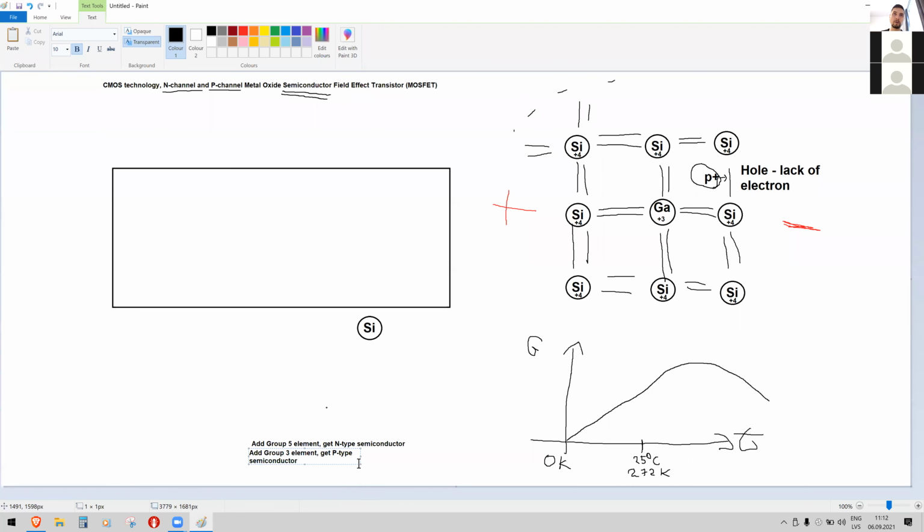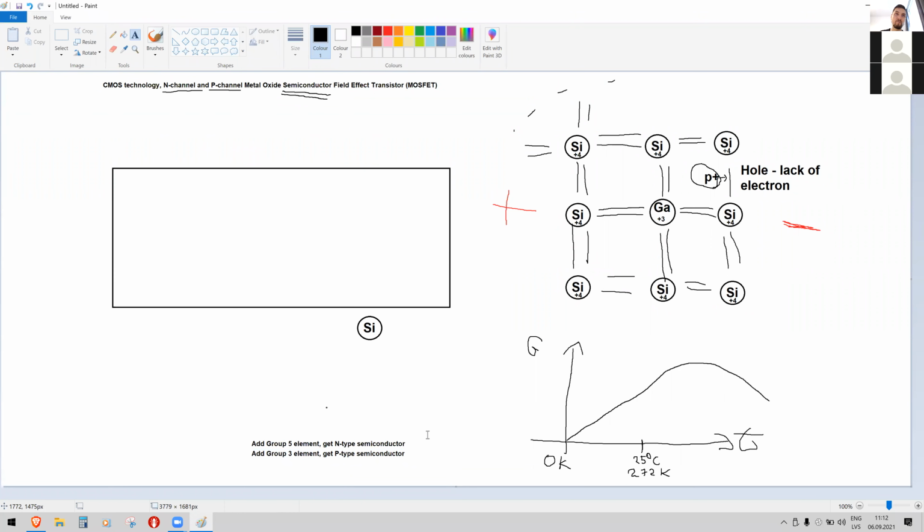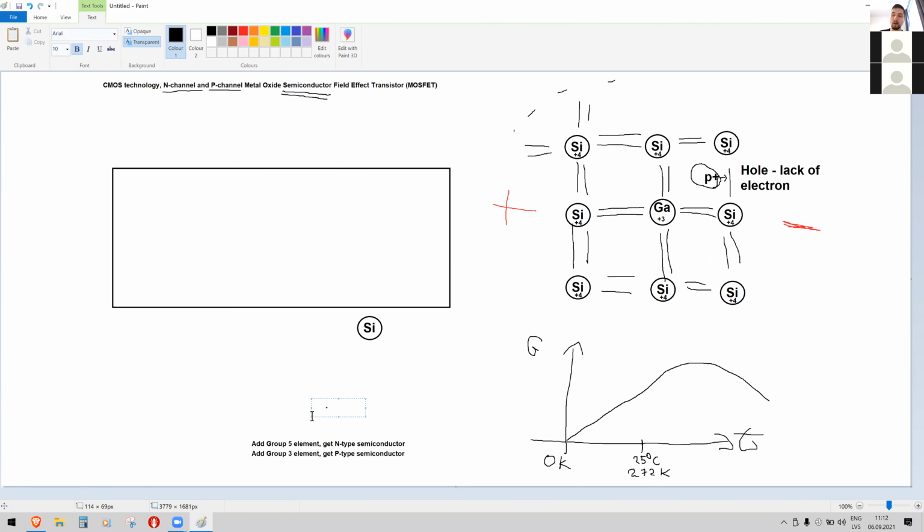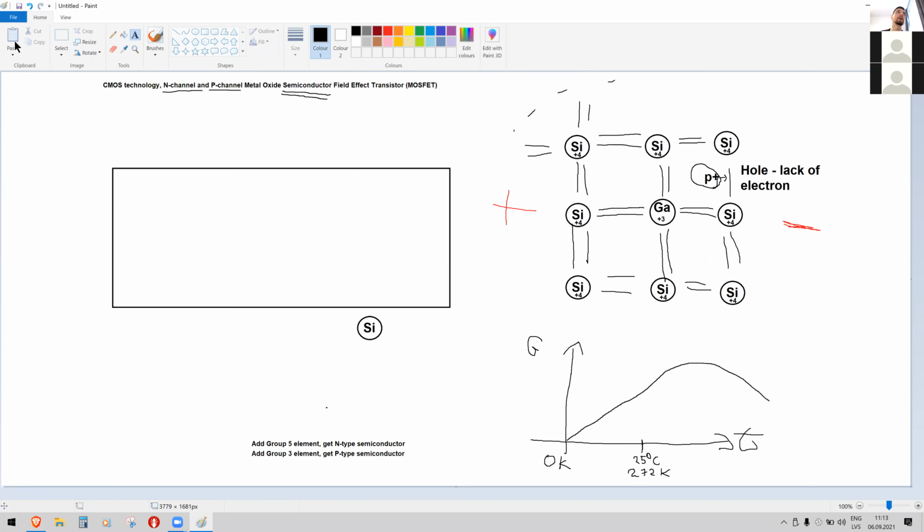So semiconductor because it's not great at conductivity, it's not bad, but it's not great. And you can create P and N type semiconductors by adding fifth or third group element.